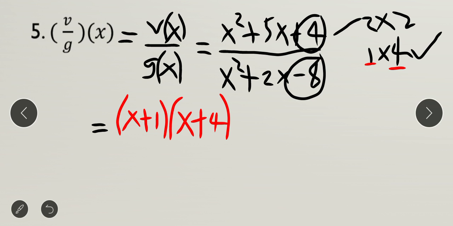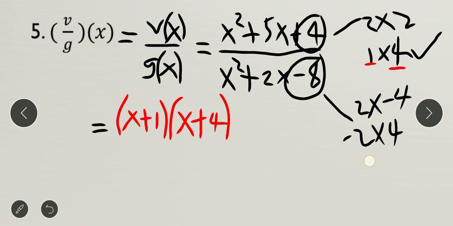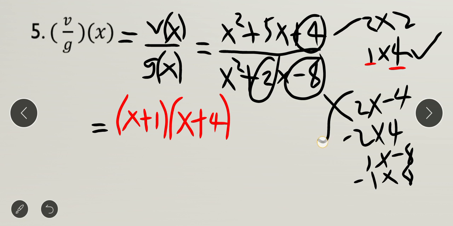What are the factors of negative 8? Factors of negative 8 are 2 times negative 4. Could also be negative 2 times 4. Could also be 1 times negative 8. Could also be negative 1 times 8. But again, we have to consider the middle part, such that if we'll try to add the factors, the result must be 2.